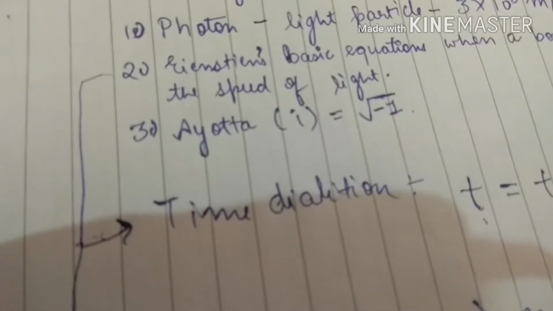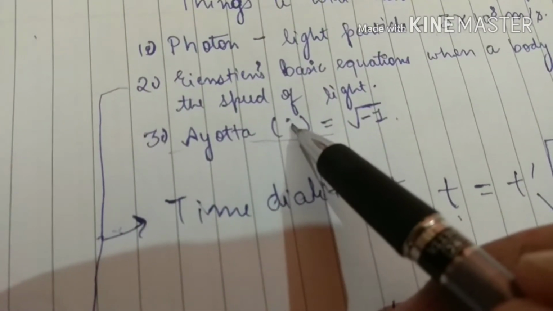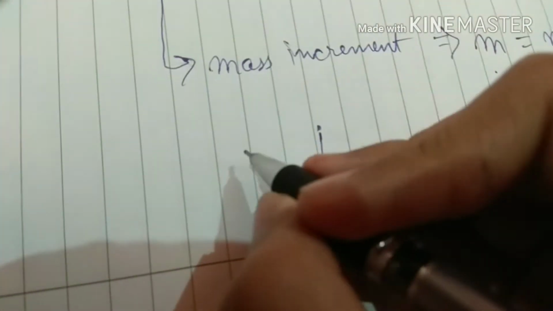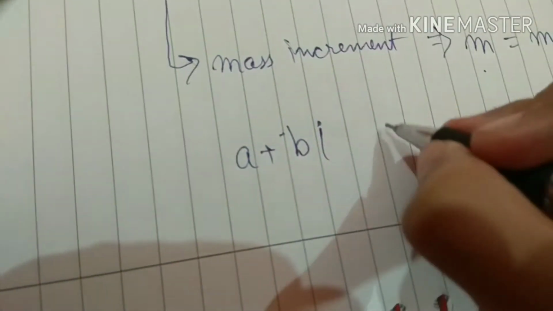And the third thing we have is iota. What does this i mean? If you have ever gone to high school, you will have learned about this iota. It is called an imaginary number. These numbers are in the form a plus b times i, where i is equal to under root of negative 1.